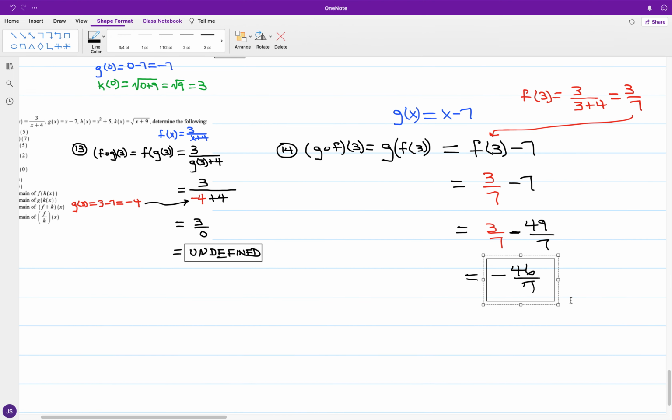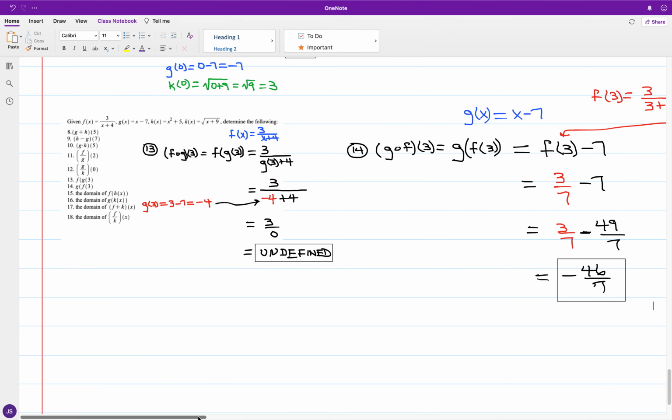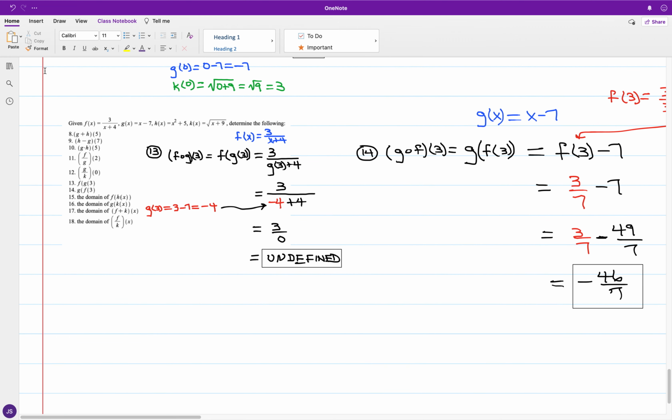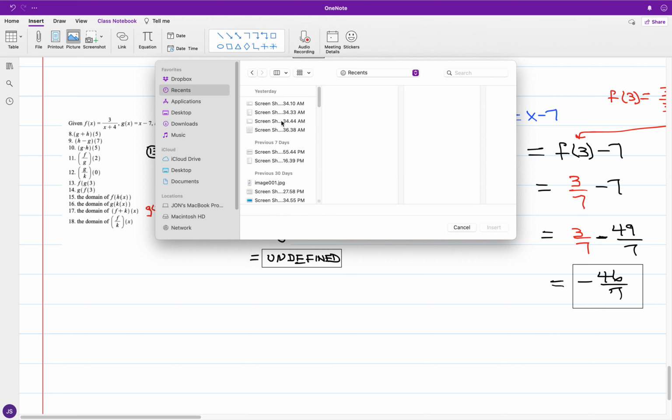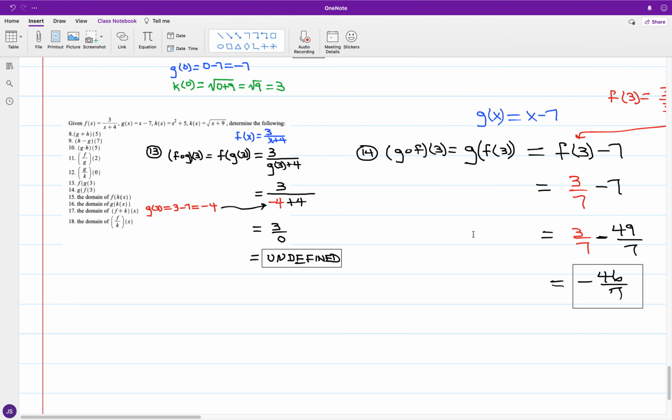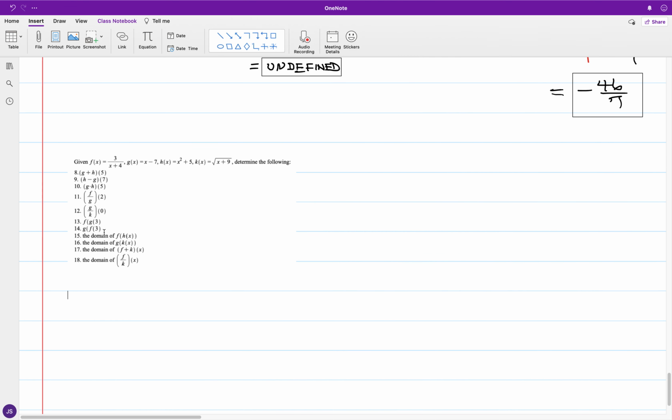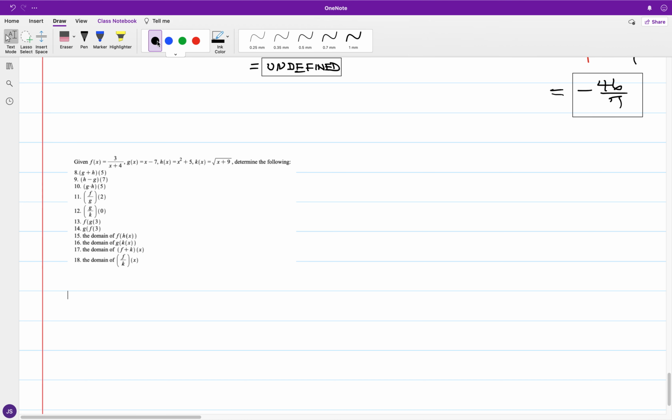All right. Now, where we have in the general case, for the domain of the various compositions, and for what we have in the case of number 15, we have f composed with h of x.